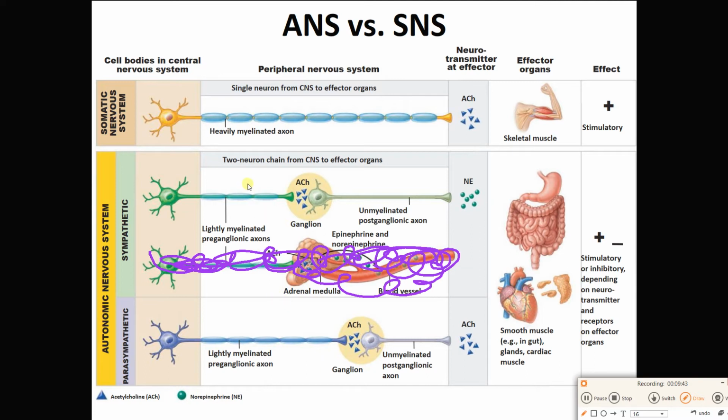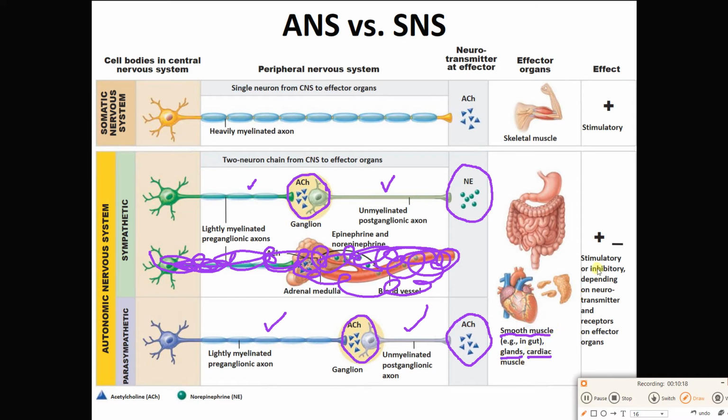But notice in each case we have two neurons, and there's a synapse in between, and at the synapse we release, in both cases, acetylcholine. Then onto the target tissue, we release either acetylcholine, which is the parasympathetic one, or norepi, which is the sympathetic one. Then our target tissue, as we've said earlier, is either smooth muscle, cardiac muscle, or glands.